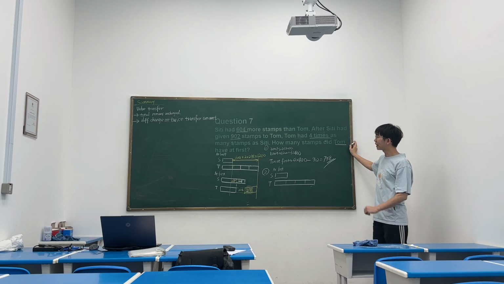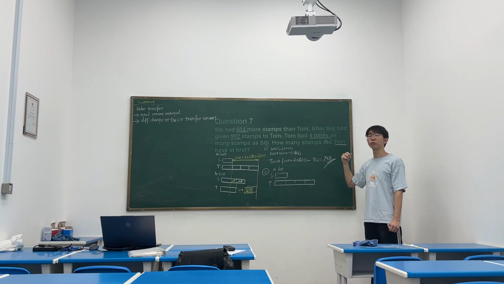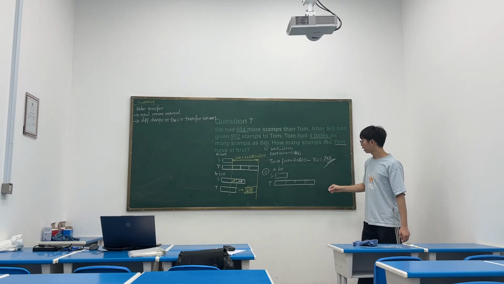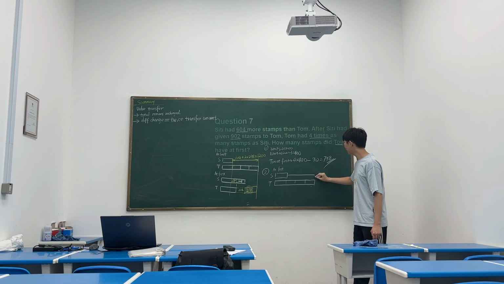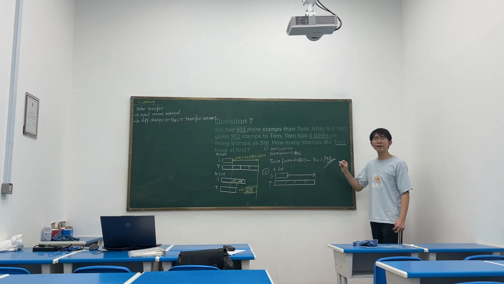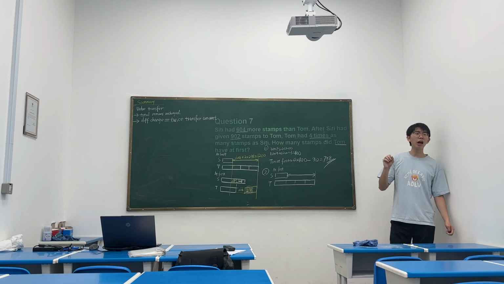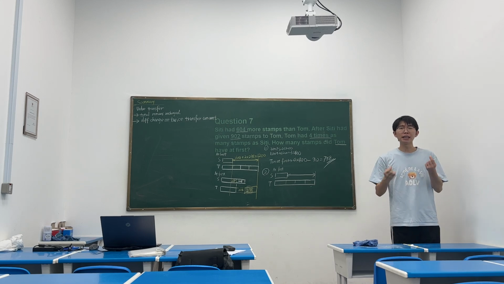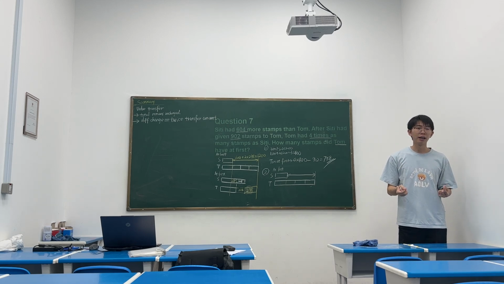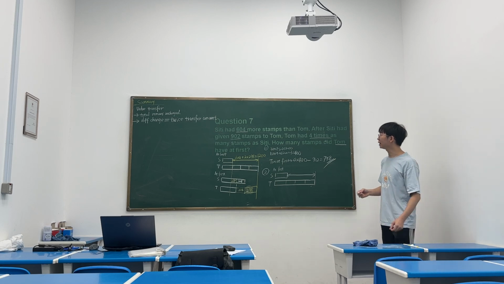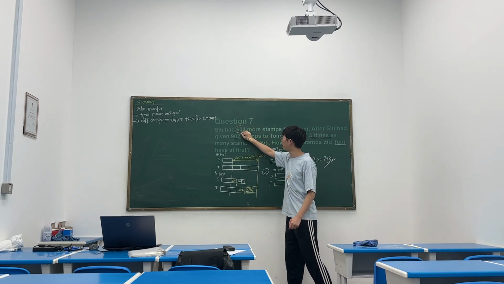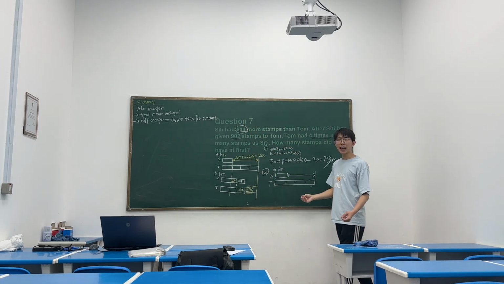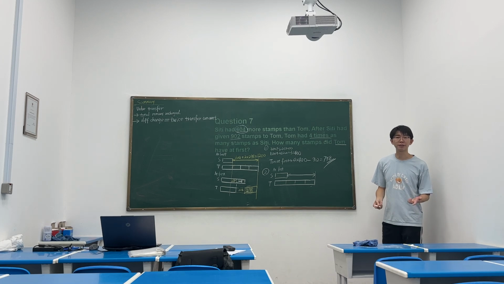Now we know that Cindy has given 902 to Tom. So how do we find out the difference at last? To find out the difference at last, we need to know the difference at first and the change in difference, right? The difference at first is 604. Then what is the change in difference?